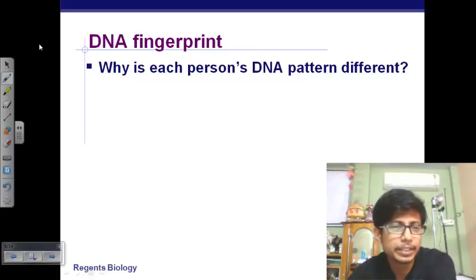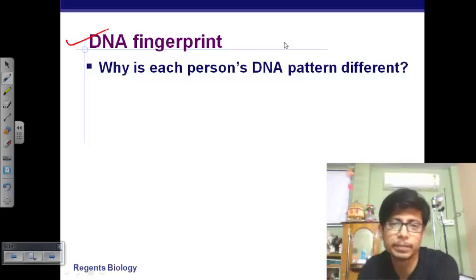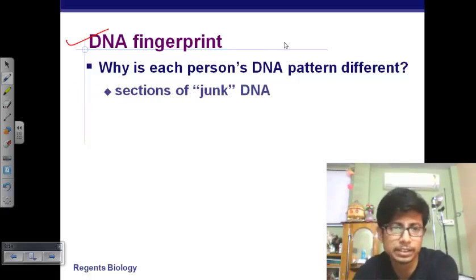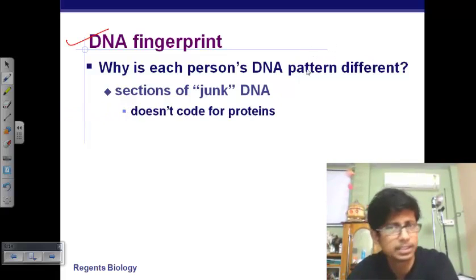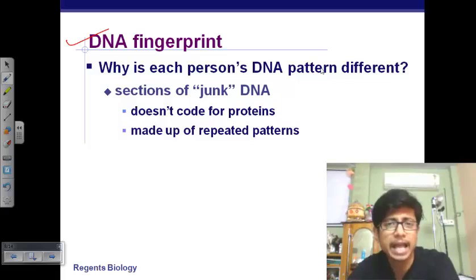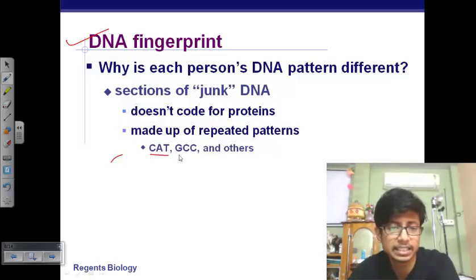So let's say here we use it for DNA fingerprinting. DNA fingerprinting means just like our fingerprints, they are unique for different people. They are different for different persons' DNA. For example, there are sections of junk DNA in our genome, multiple non-coding segments that don't code for any protein, and they have repeated sequences, like CAT, CAT, CAT, or GCC, GCC repeats.